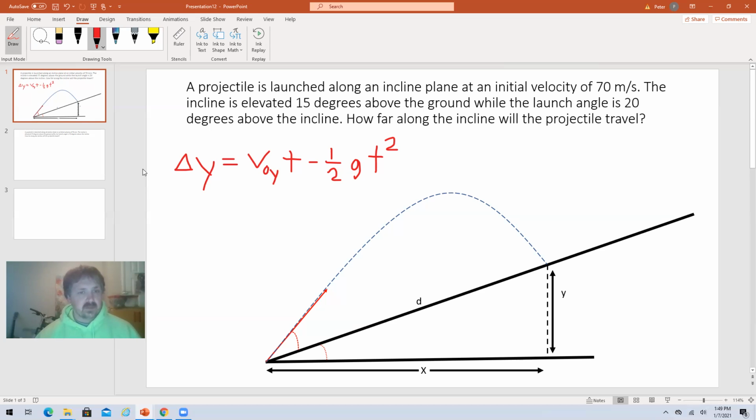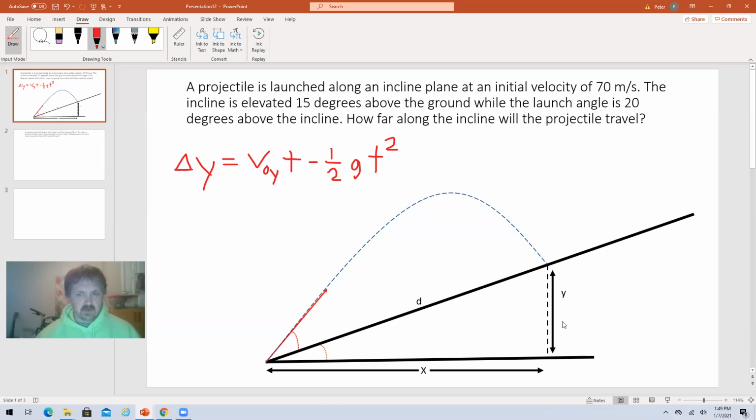Okay, but we don't know delta y, so we have to use this equation a little bit differently. We have to do a little bit of clever algebra to find our delta y, and then use that to find t, and then use t to calculate how far it moves horizontally. And you can see this is just a right triangle.